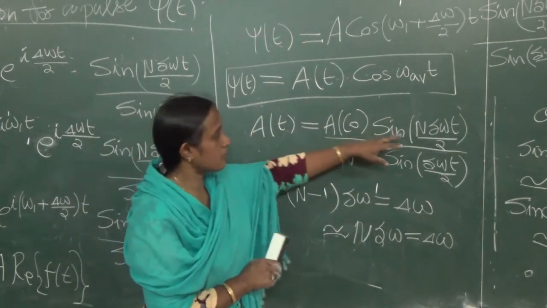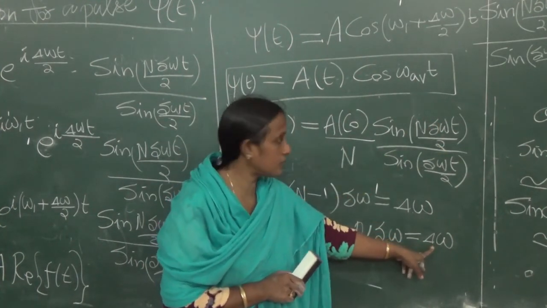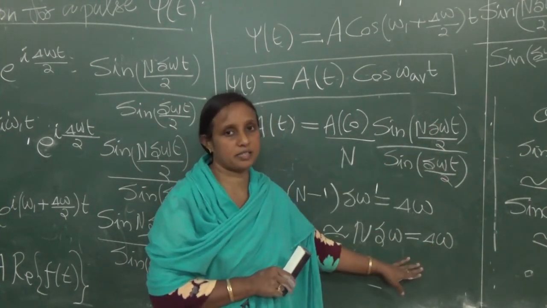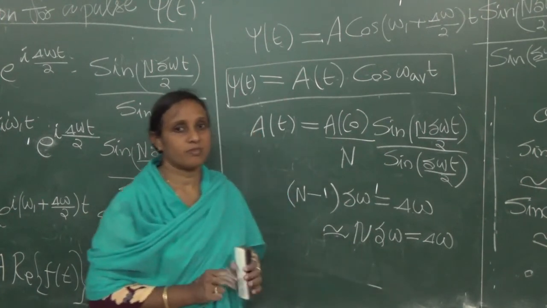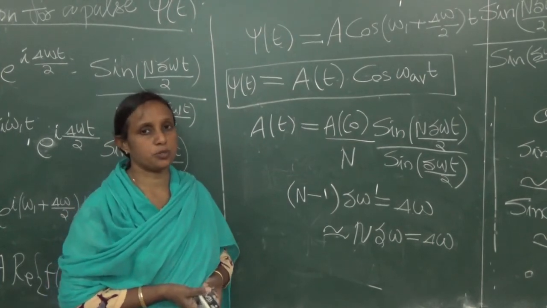So you can replace n delta omega with the frequency band delta omega itself. This is the expression for the superimposed amplitude.